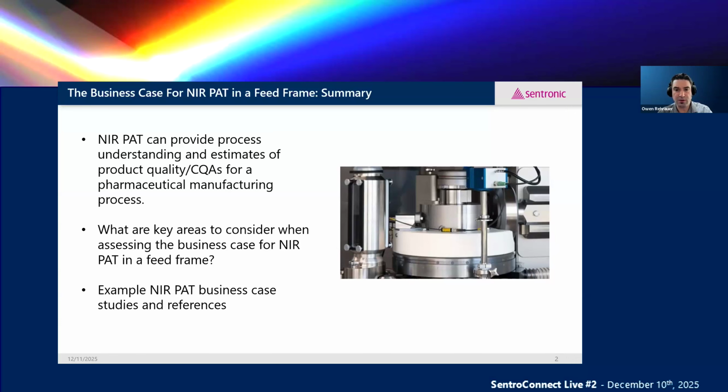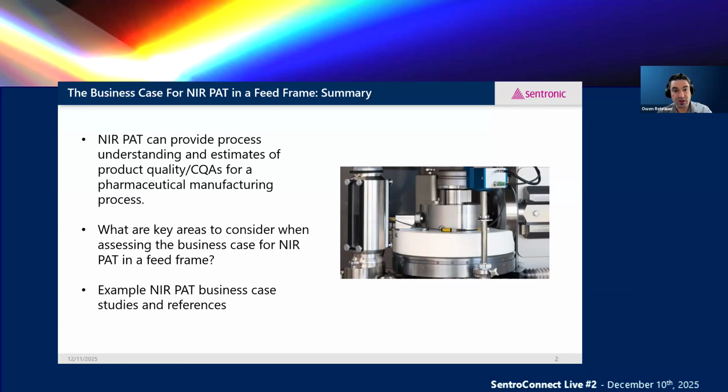So I'm going to cover this at a very high level, although I will provide links to academic or industry articles that deal with this topic in more detail for the various areas we're going to discuss. In brief, we're going to be discussing what value PAT can add as a business case for enhancing manufacturing.